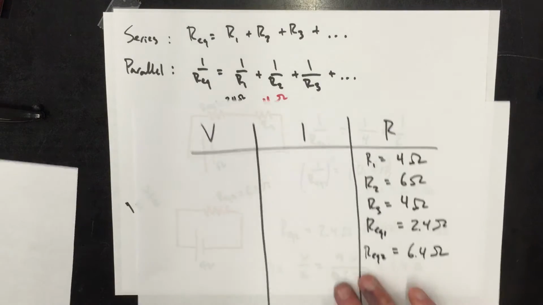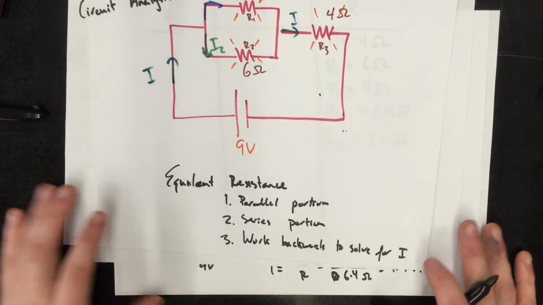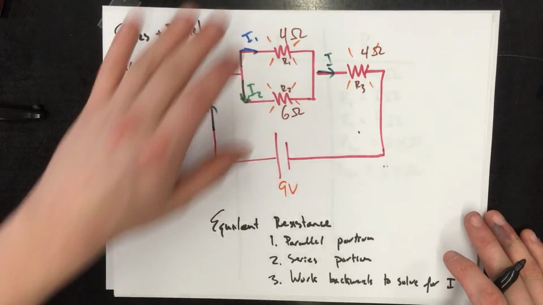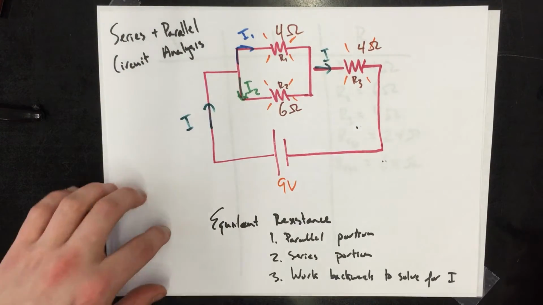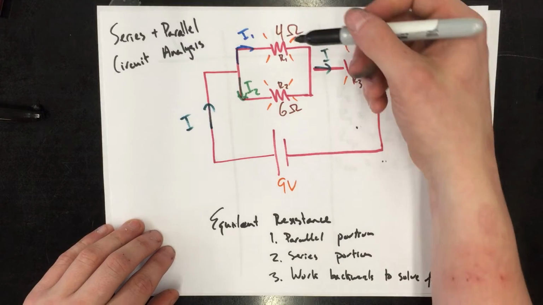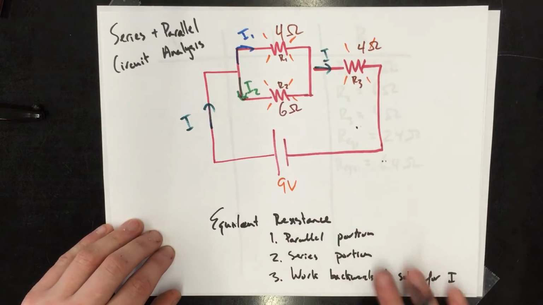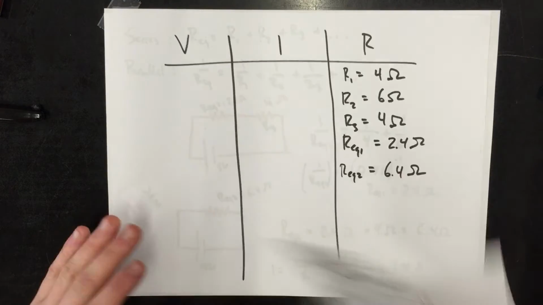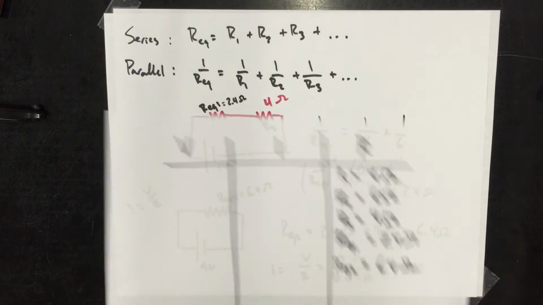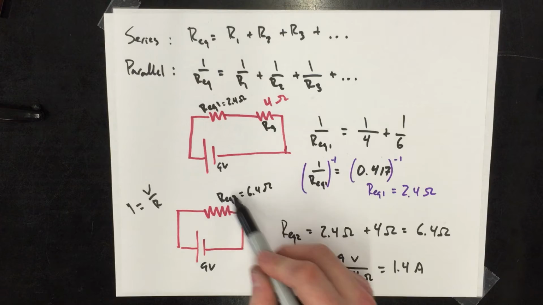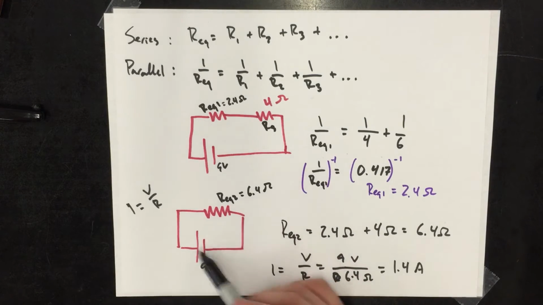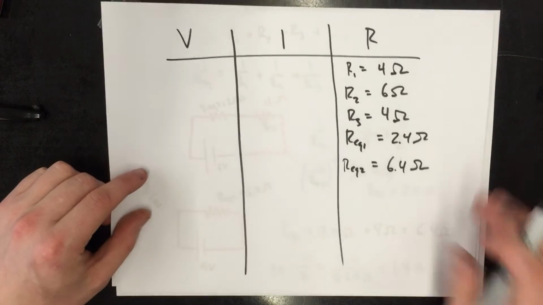And what I mean when I'm working backwards to solve for the current, I want to start with my equivalent resistance and then work until I can say I know the current here running through I1 and I know the current here running through I2. What I do know is that this equivalent resistance is working with 9 volts.